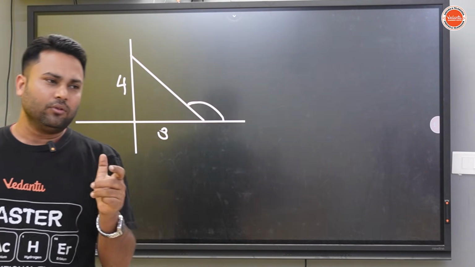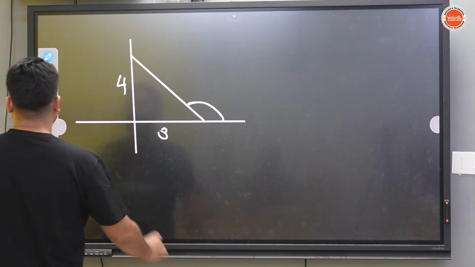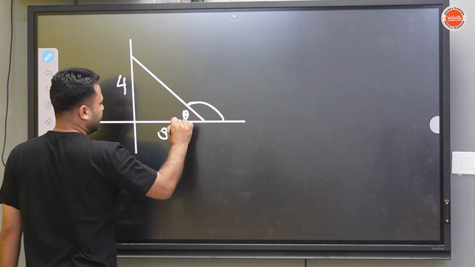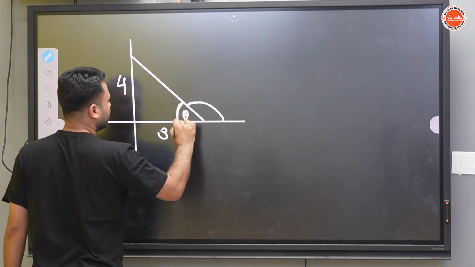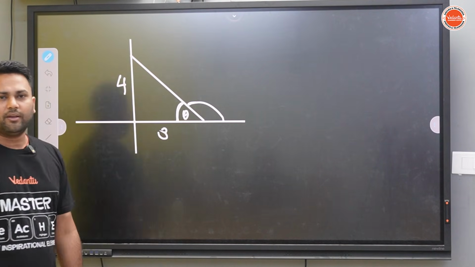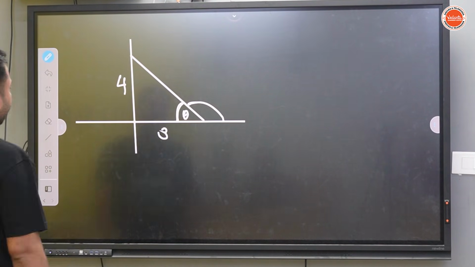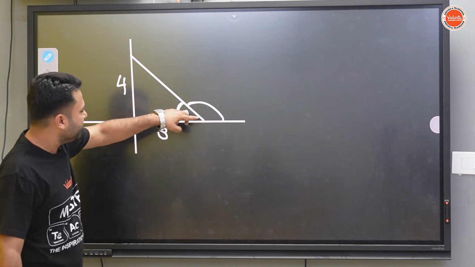Now what is the value? So you find tan theta, and this is our theta. Theta we will take this angle. Okay, theta we will take the acute angle only. So tan theta is perpendicular by base.